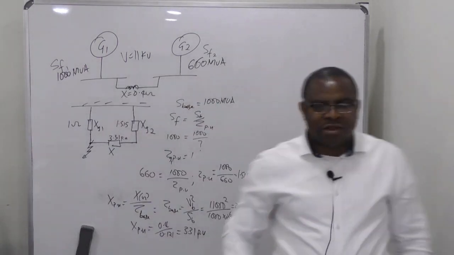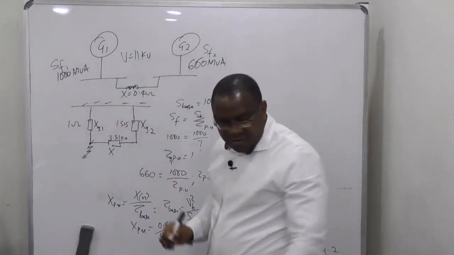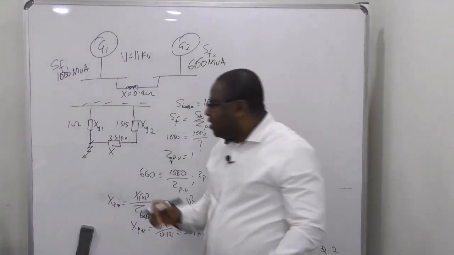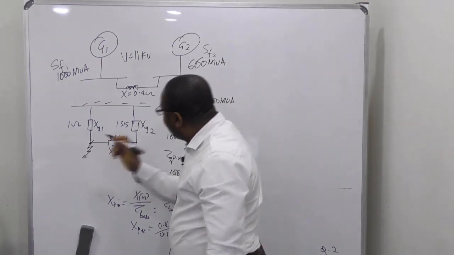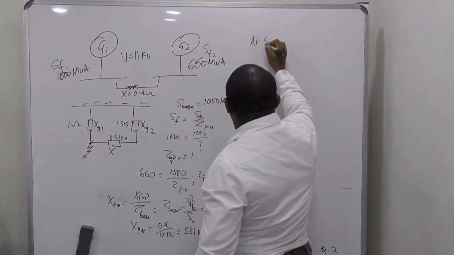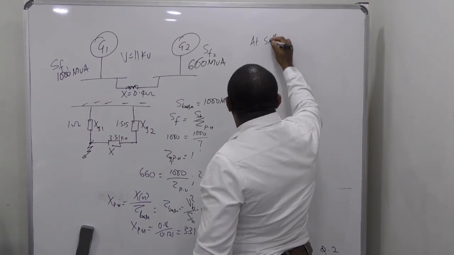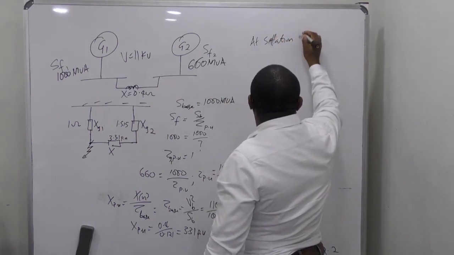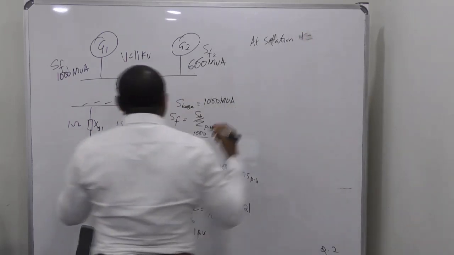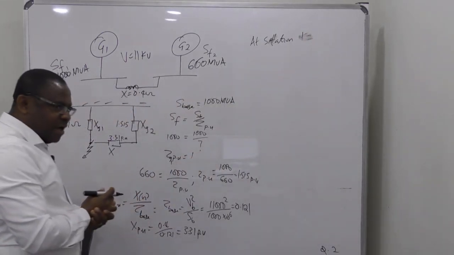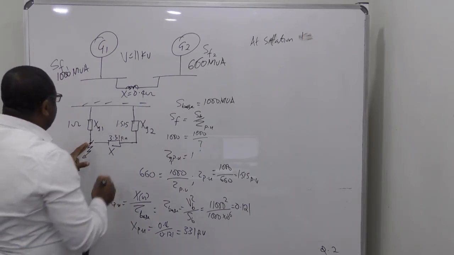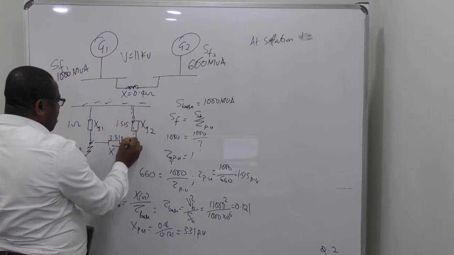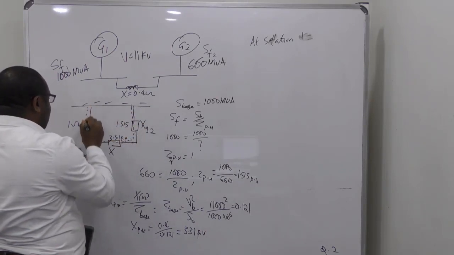So if I now want to get, because the question is to calculate the possible short circuit VA at each station. The possible short circuit VA at this station 1, let's say at station 1, the short circuit level at that station will be, when there's a fault here, current will flow from here to feed the fault, and that to feed the fault.